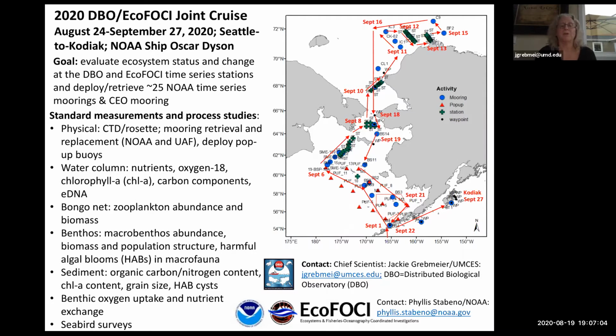So this is part of the AMBON, which is out of the University of Alaska Fairbanks that I'm part of, and that's the Alaska Arctic Marine Biodiversity Observing Network. So then we're going to do zooplankton nets, and then we'll do all the grabs to look at population abundance and structure, as well as looking at, as I mentioned, the harmful algal blooms.